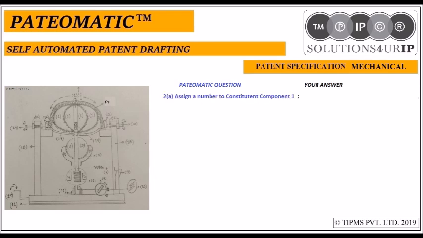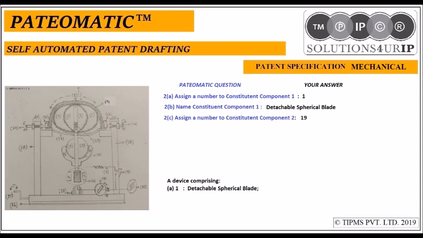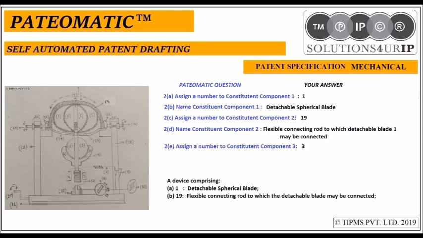Please refer to the questions as they appear in PATEOMATIC, wherein first it asks you to provide a number to that particular part and then name that particular part. Accordingly, please refer below to how it appears in the patent specification with the name and the part available and explained together.